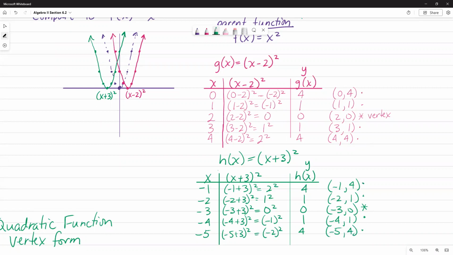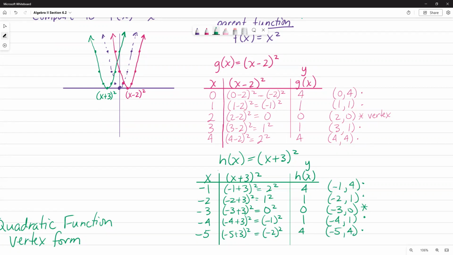Again, this creates another pair of symmetrical points up the y-axis. And when you look at the graph, you can see that. So this is the math of why the function works and why you can just look at these functions and know what the x and y coordinates of the vertex are going to be.